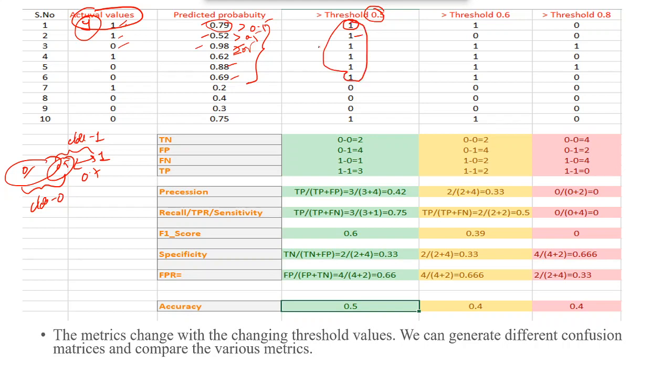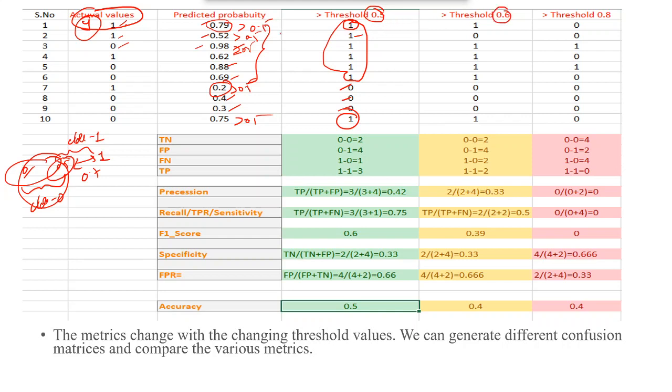Here 0.2 is below 0.5, so the probability value is in the lower range, which means class 0. Here also 0.4, 0.3 are class 0, and this value is greater than 0.5, that's why it is 1. Like that, suppose the threshold value is 0.6.